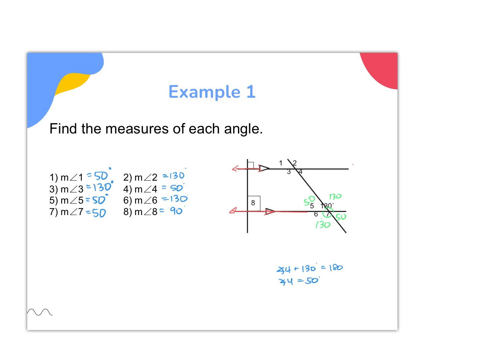So between linear pairs and vertical angles, as long as I have one of these four, I can solve for the rest. And then I could use the theorems to apply this up here. Again, correspondings are going to match, right? And so I know this would have been 50 and 130 for angles 1 and 2, and then I could have used, again, vertical angles and linear pairs. So lots of different ways to prove something.